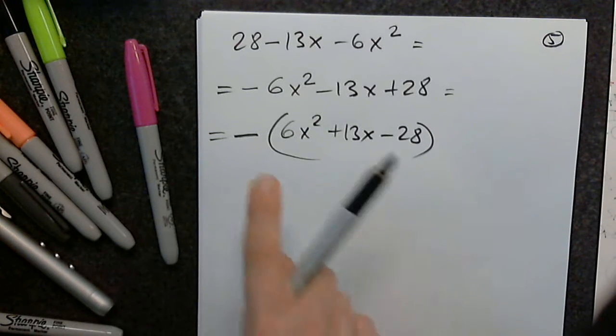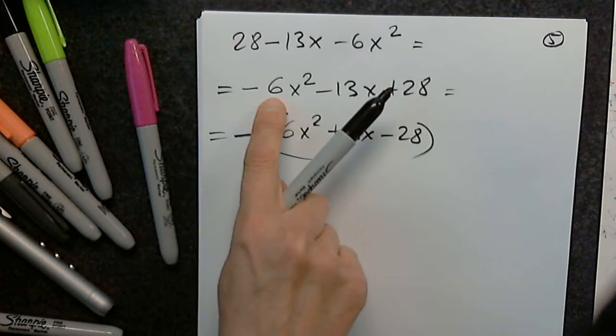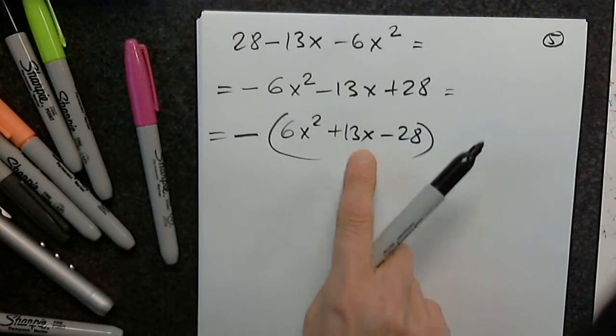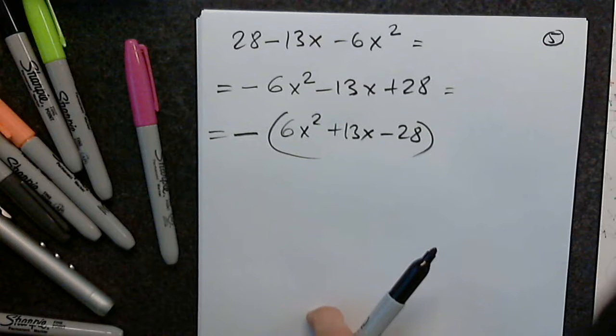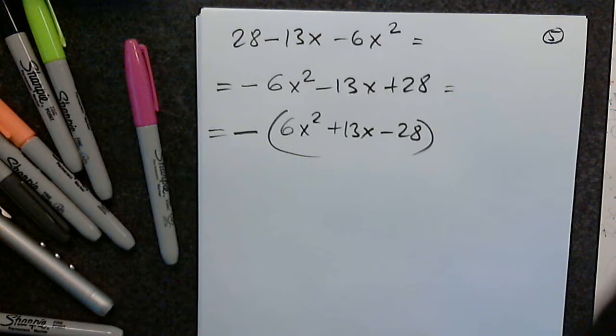Let's take a moment and check. Negative 1 times 6x squared, check. Negative 1 times 13x, check. Negative 1 times negative 28, check. Correct? Good. Special product? No.